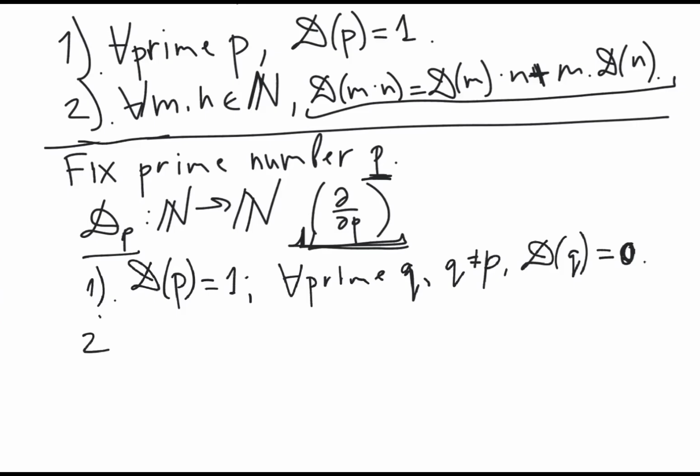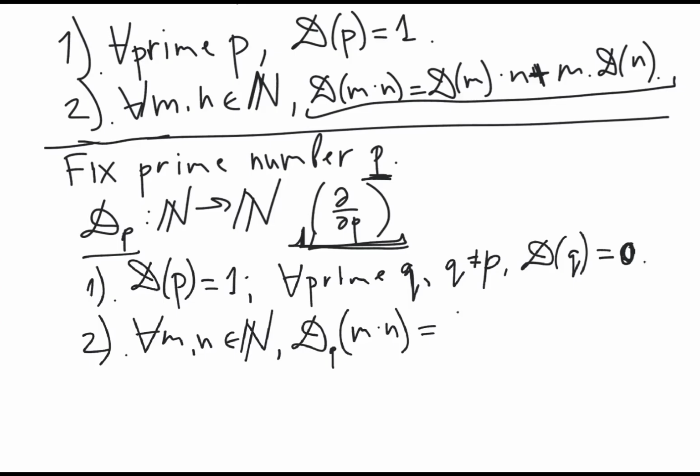And the second, the product rule, is exactly the same. For any two natural numbers, we have d_p of m multiplied by n equals d_p of m multiplied by n plus m multiplied by d_p of n.